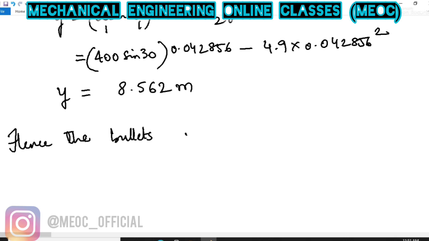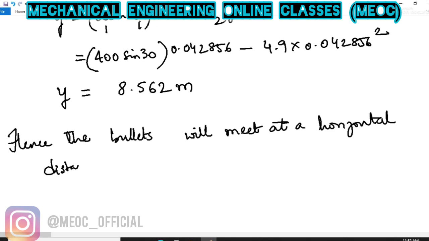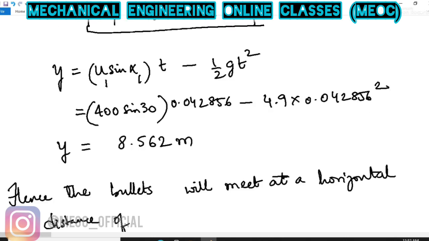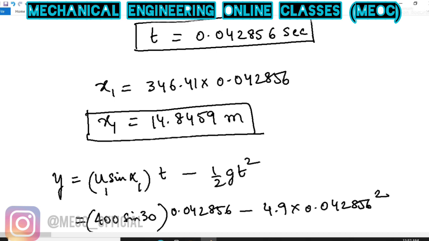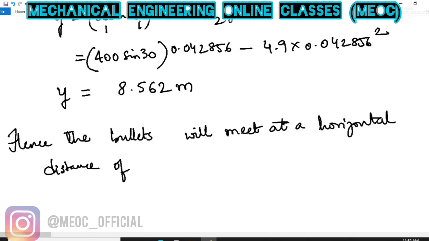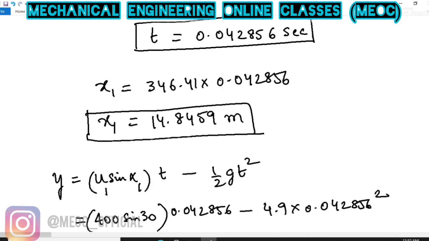Hence the bullets will meet at a horizontal distance of x1, which is 14.8459, or you can round it up to 14.846 also, up to you.